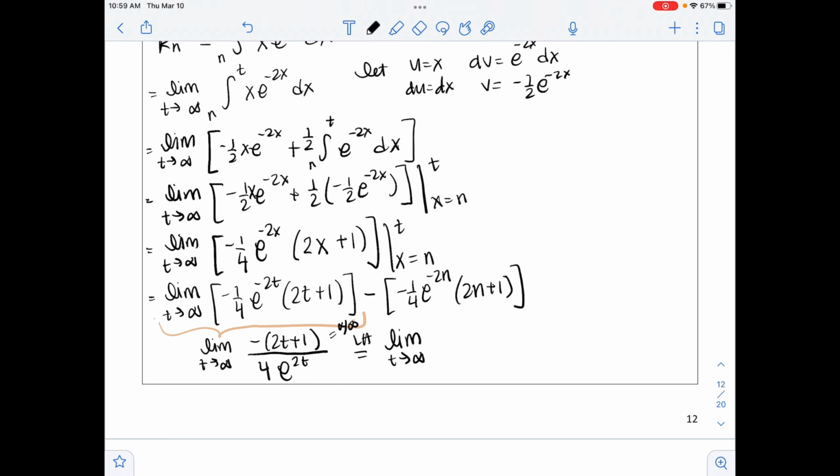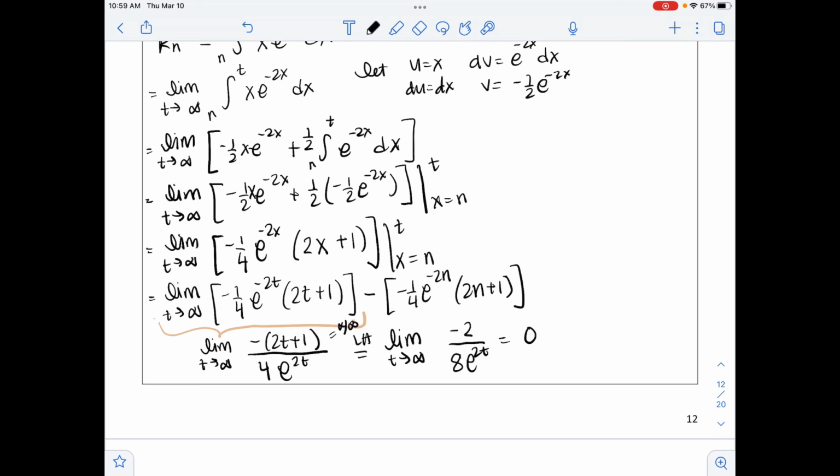And so the limit as t approaches infinity of, and taking the derivative of the numerator, we get negative 2 over, and then taking the derivative of the denominator, we get 4 times e to the 2t times 2, or 8 e to the 2t. And now taking the limit, the denominator goes off to infinity, so 2 over infinity is going to equal 0.